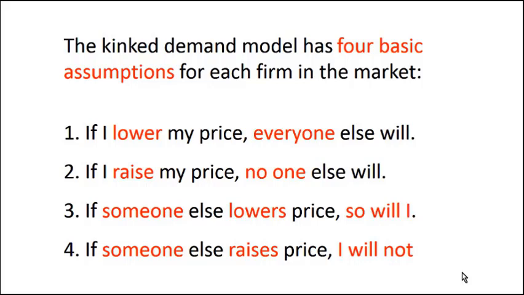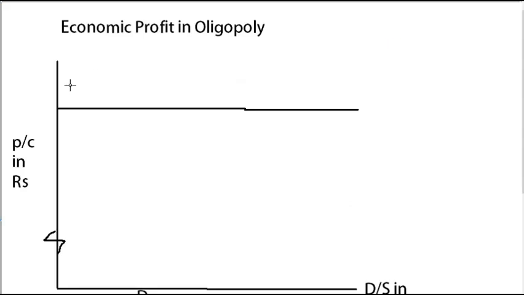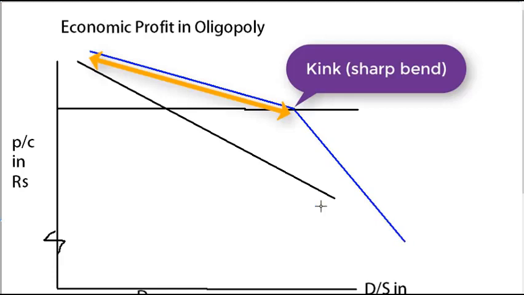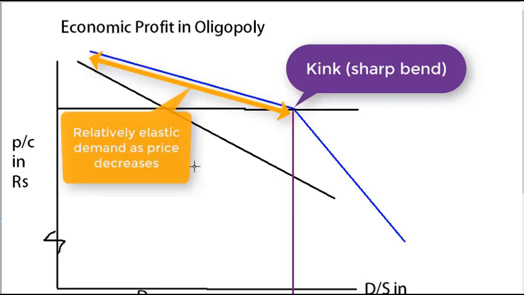So where does this kink come from? Suppose there is a market price P and the firm decides to raise its price. The quantity it can sell will decline significantly because none of the competitors will increase their price. Consumers will purchase from the other firms because they have lower prices. Therefore, above that price P, the firm's demand is relatively elastic.